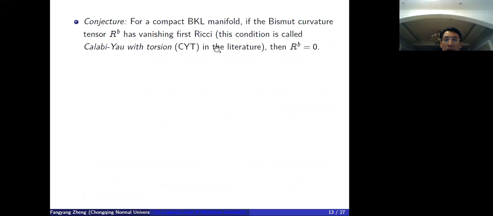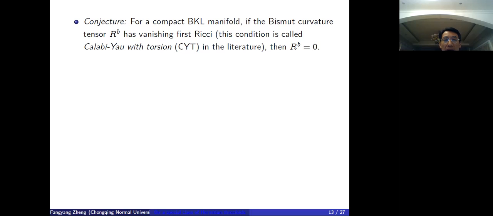So in our paper we also raised a whole bunch of speculations. Basically we checked in dimension 3, they're valid. We believe it should be true in higher dimension. For example, for BKL manifolds, even though we cannot classify them, we look for the so-called Ricci flat case.